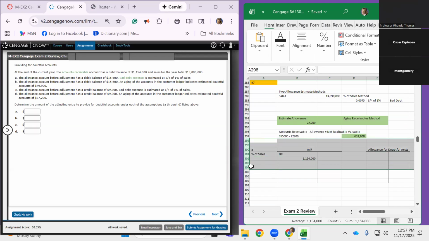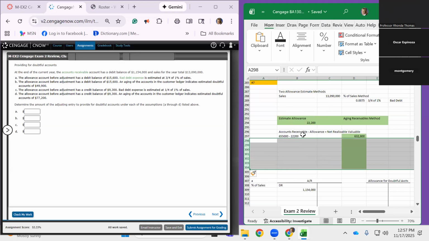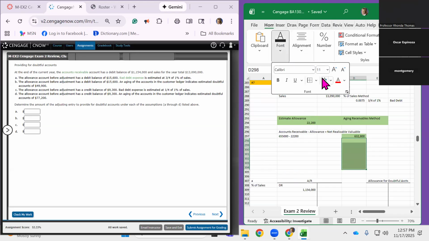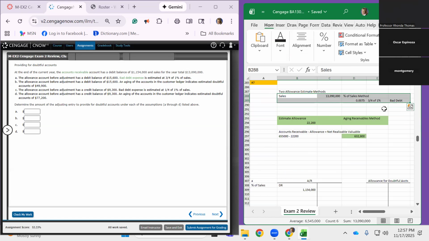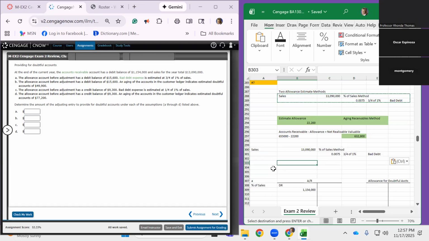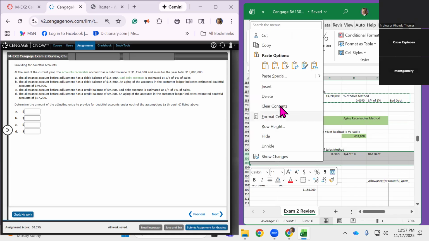Insert. So we're going to use this one for the first one, and then we'll use the percent of sales method twice, and then the aging the receivables method twice.